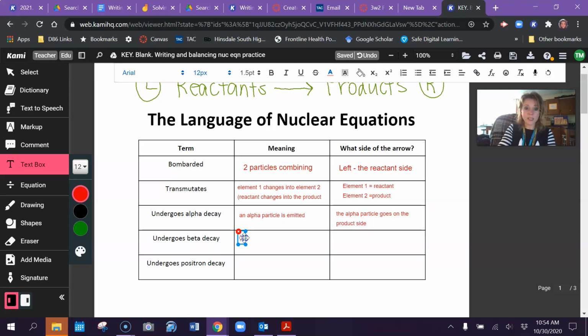If an element undergoes beta decay, a beta particle or an electron is emitted. And what this means is that the beta particle goes on the product side.